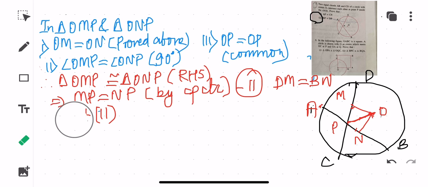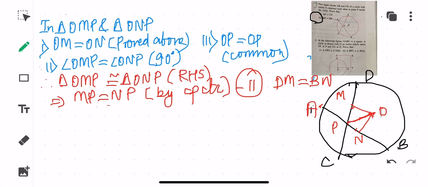Before 1 plus 2 we'll be doing one more thing, children. You already got that DM is equal to, not DN, children. Because if you see here, DM plus MP is leading me to sub question 2, children. So this is also right, but this is leading me to sub question 2.